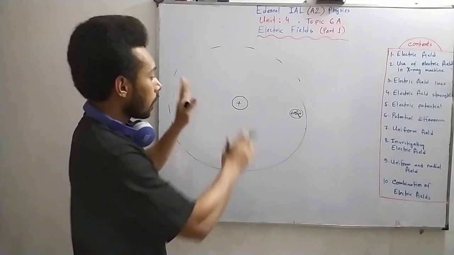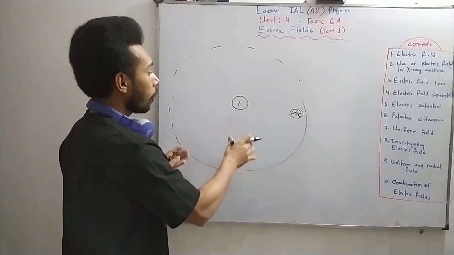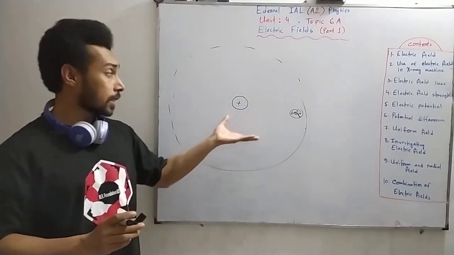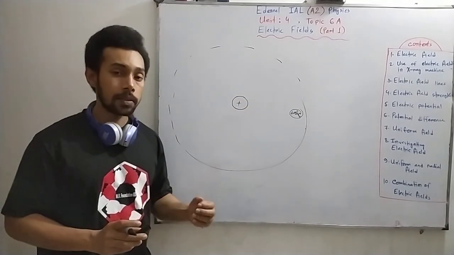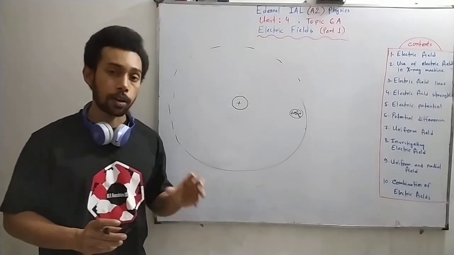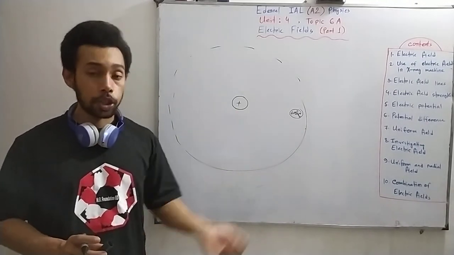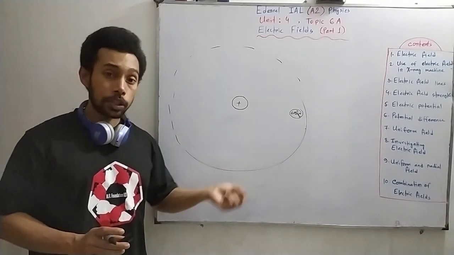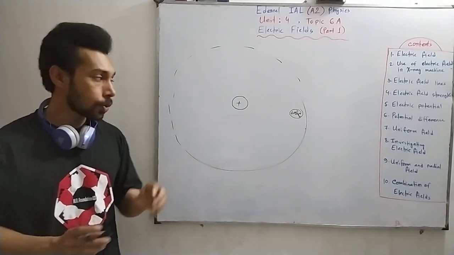That's why it is an electric field, like the magnetic field we discussed earlier. So an electric field is defined as the region of space or volume of space within which another charged particle will be accelerated. That means any other charged particle will experience a force.